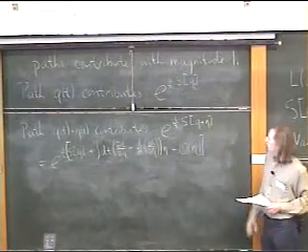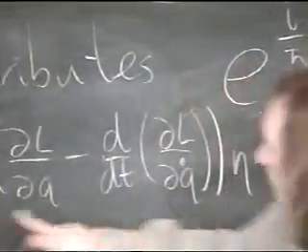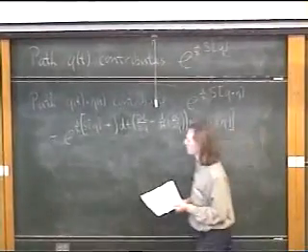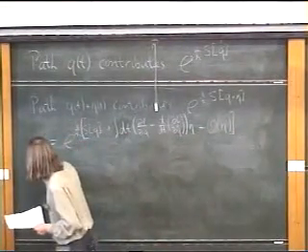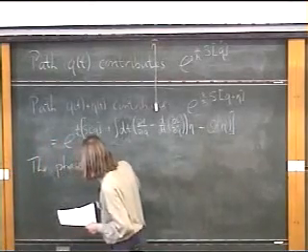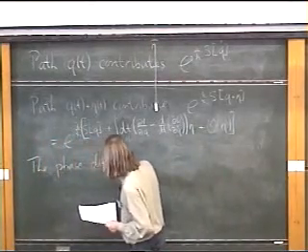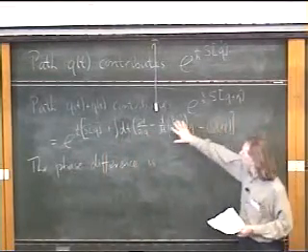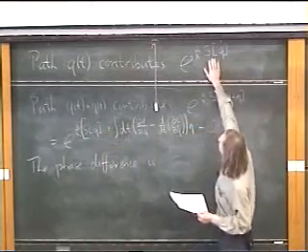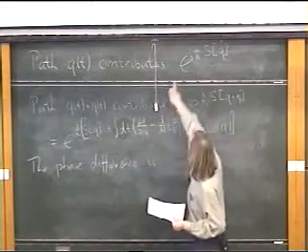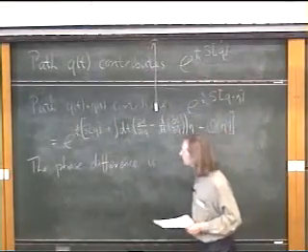And we look at the phase difference between these. So the difference between the two phases up here, we just subtract that phase from this one up here. So obviously, the first terms, the action evaluated at q, cancel out.